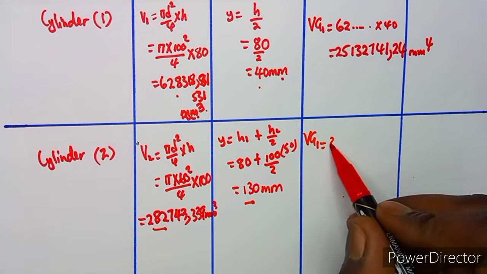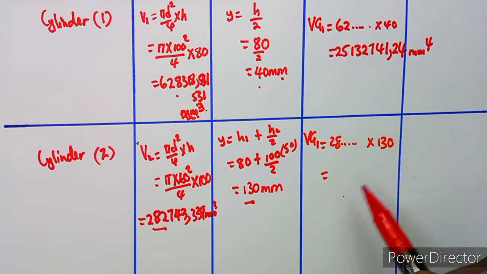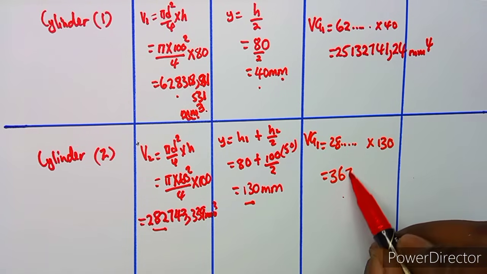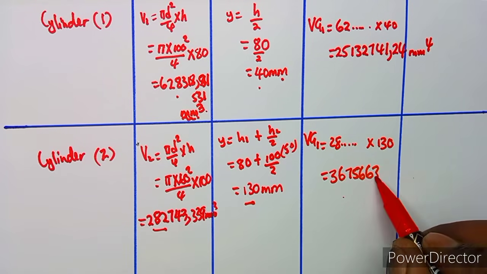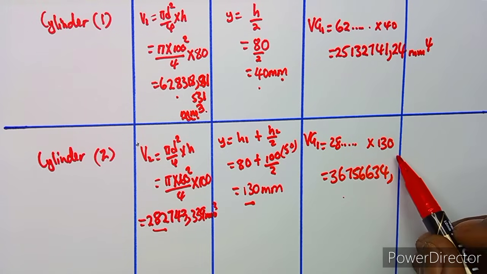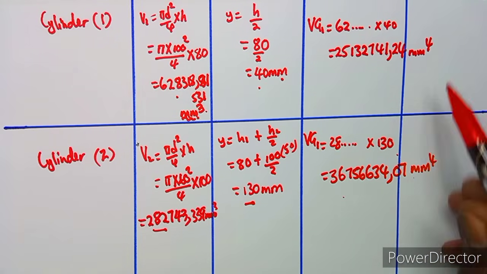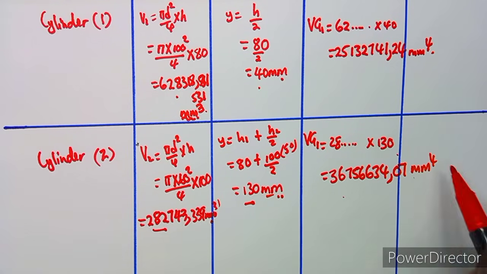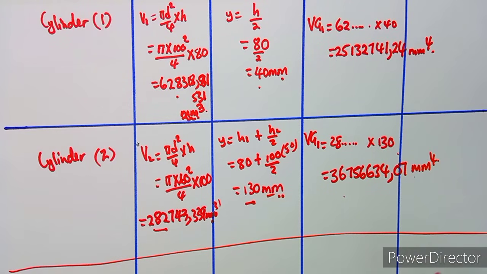So you take this volume value times 130 and you obtain something like 3.67566 times 10 to the 7. The units are cubic millimeters times millimeters, that is to the exponent of 4. So now this information here, how is it going to help us?